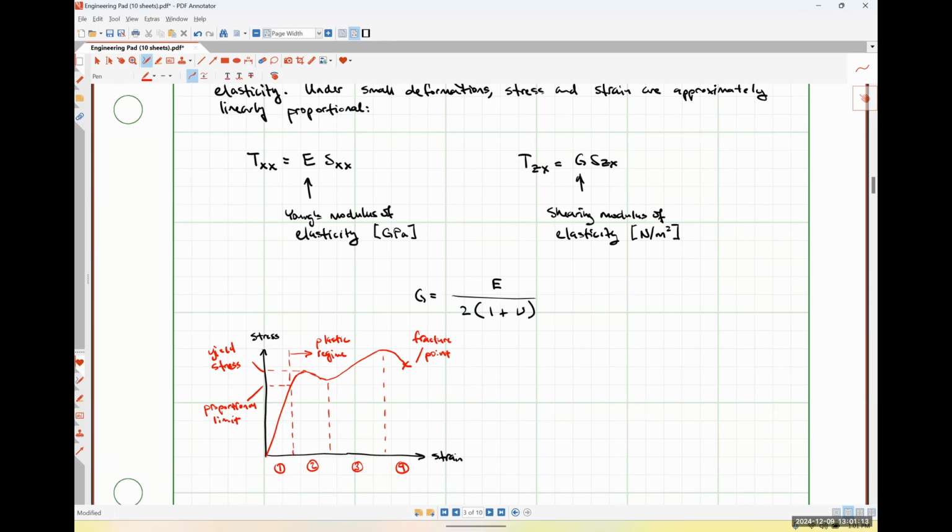So region 1 is the elastic region, and it represents where our stress and our strain are linearly related, okay? So in this region, if the stress is removed, the material should be expected to return to its original shape, and the force loading can be repeated an infinite number of times without causing permanent deformation, right?